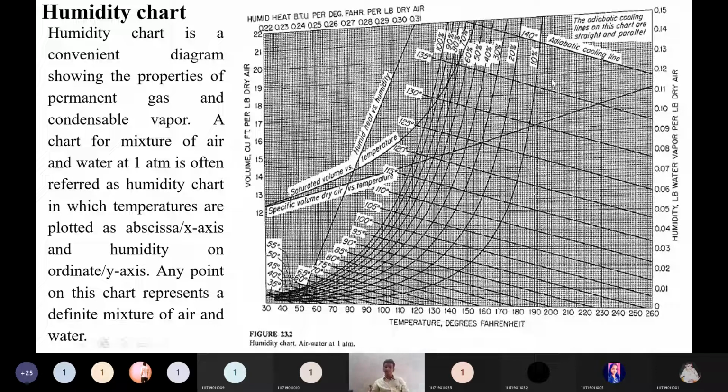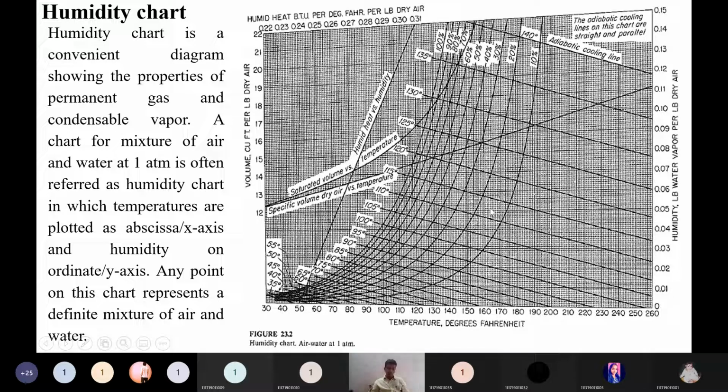So below this, it is dry air, and slowly water vapor is added until it reaches saturation. Everything below the 100% line is called the undersaturated region. This is very important in order to calculate humidification and fog formation.